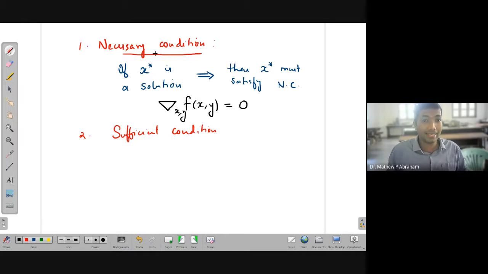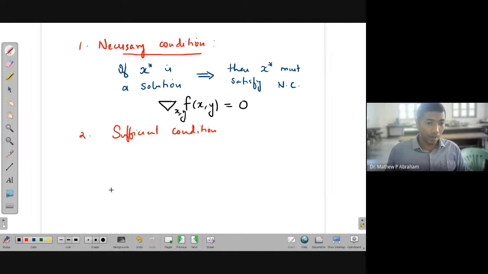That means if somebody gives a solution, I check whether the gradient is 0 at that point. If that is satisfied, it is not necessarily a minimum; it could be a maximum as well, but it must satisfy the necessary condition.